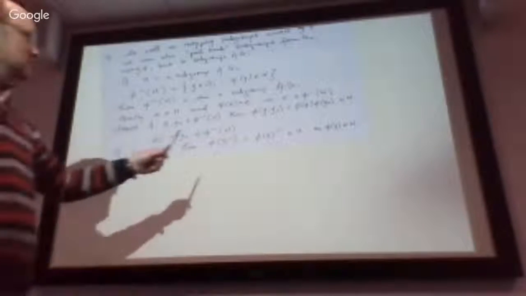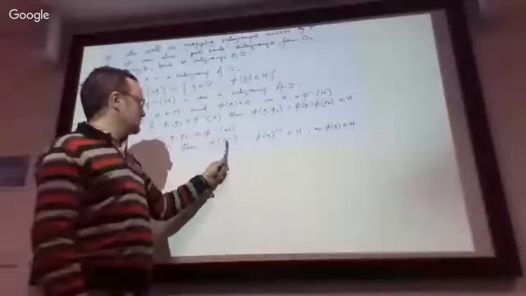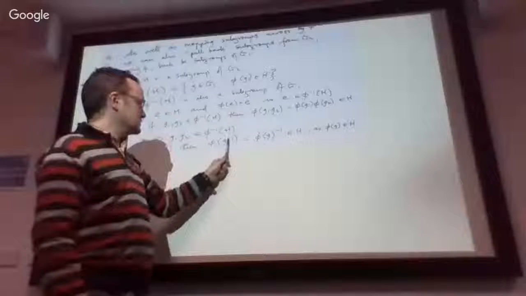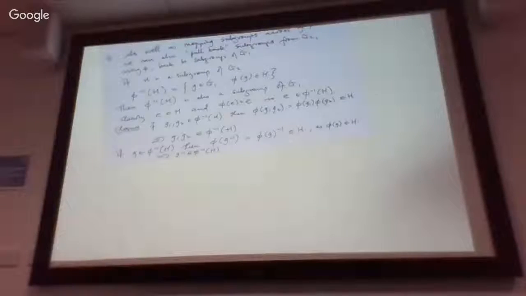But its inverse is phi of the inverse of g. So therefore, the inverse of g is in the pullback as well, because it maps to something in H. So the pullback has the identity, it's closed, and it has inverses, so it is a subgroup.